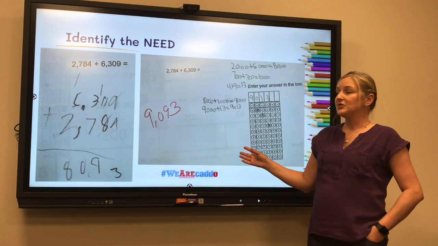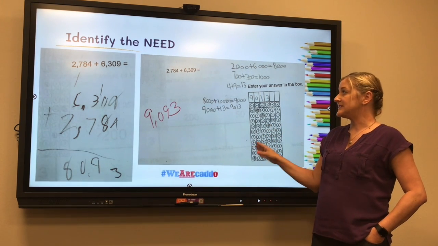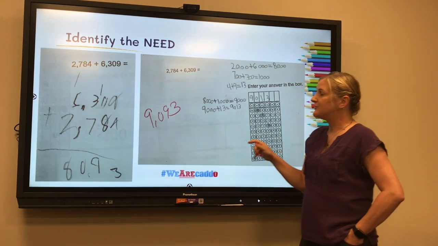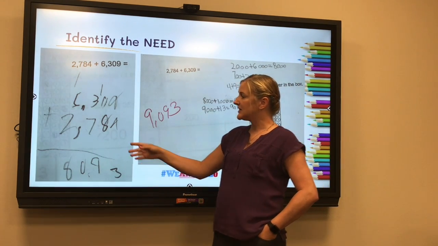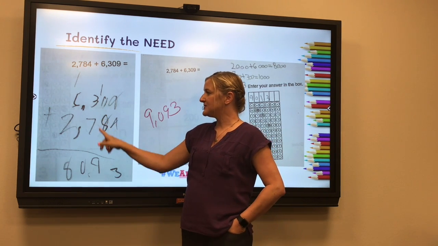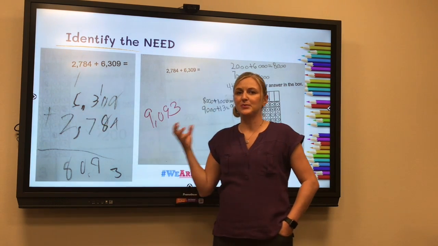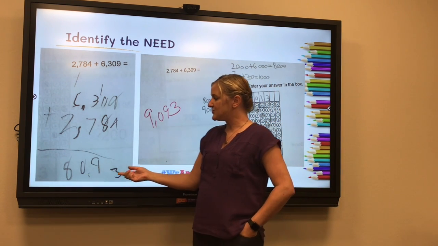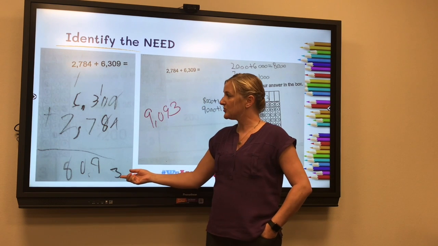We've gotten some student work from Caddo students, actual Caddo students, for this item number 2. If we look at the left, we can see that our student, even though there's messy handwriting, lined up those digits and understands place value pretty well. In fact, they got the last 3 digits of computation correct.